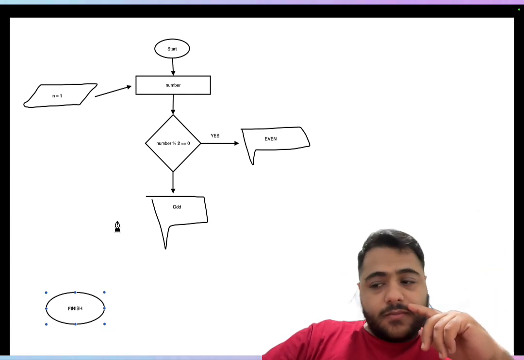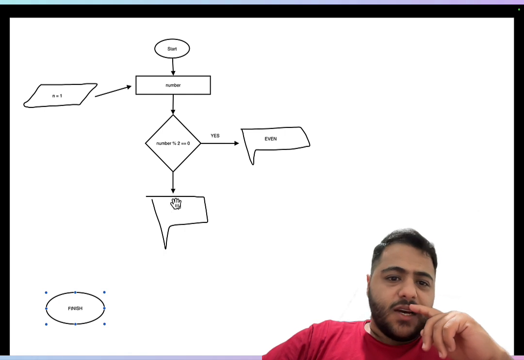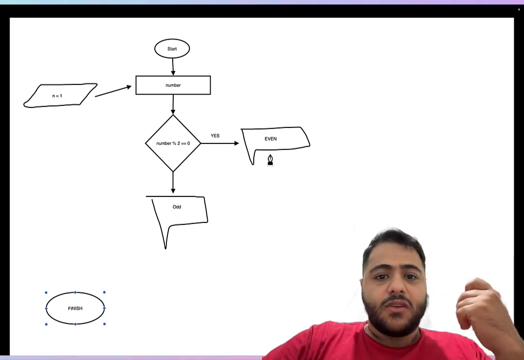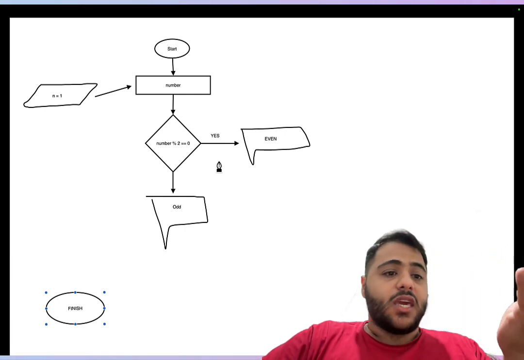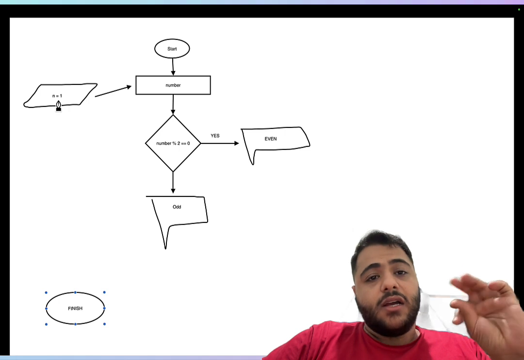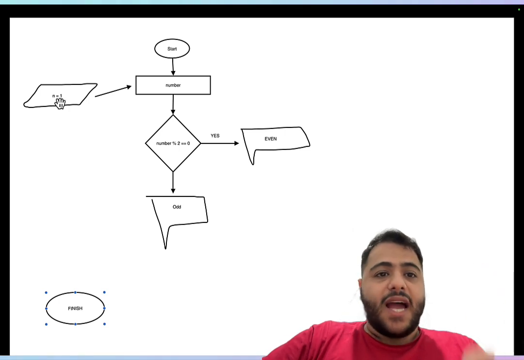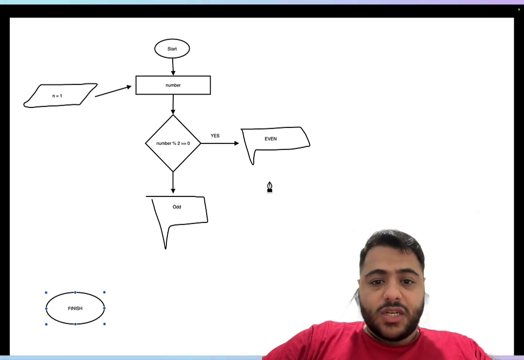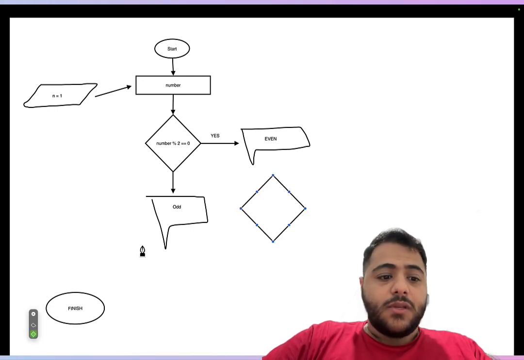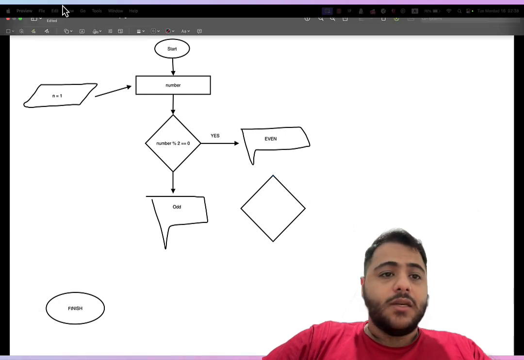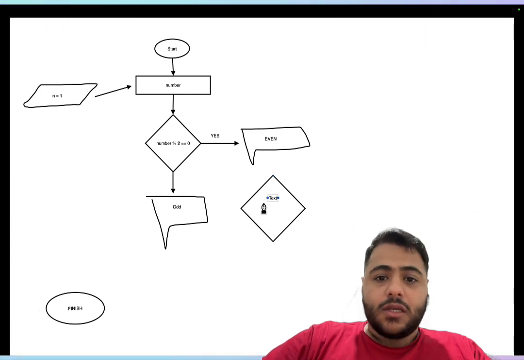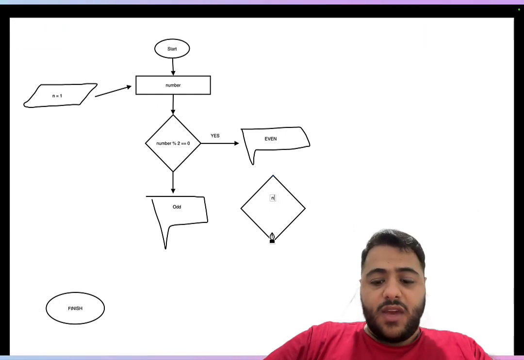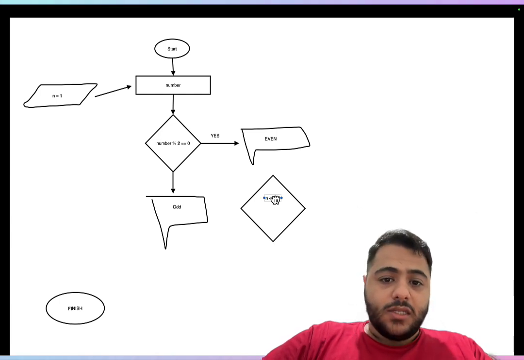And what else should be done after printing them? We need to check if n is less than 100, and we're gonna add to it. So we need a condition, a diamond again. So that's a diamond, yeah. And I'm gonna need a condition here. If n is less than 100, do this. Do what?